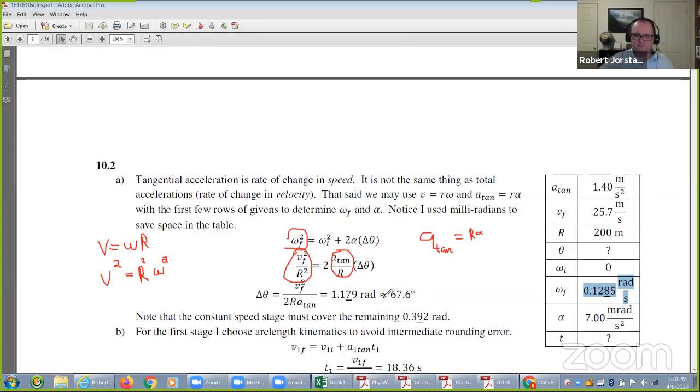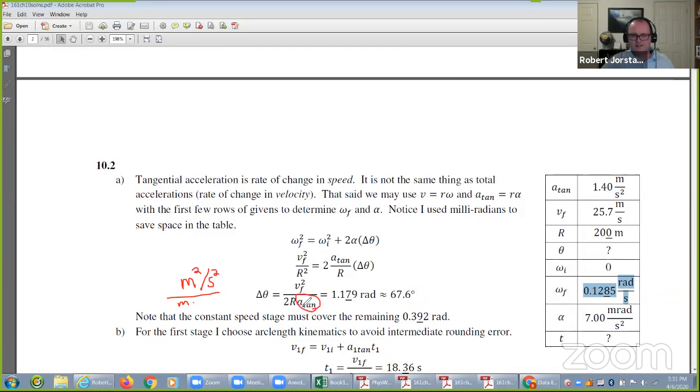So it is good to check the units. Whenever you're doing these problems, check the units. This is meters per second squared. So meters squared per second squared on top. And then on bottom, we have meters. And then A, this is not radians per second squared. That's an A. That's meters per second squared.